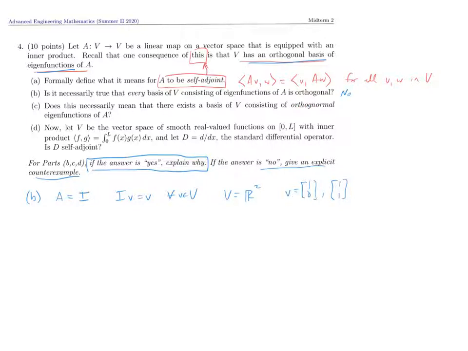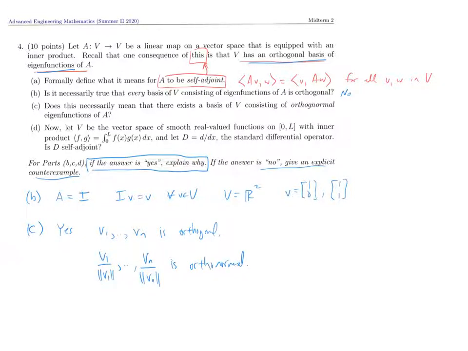And the answer is absolutely yes, because if v1 up to vn is orthogonal, then if you normalize, that's the key, v1 over the norm of v1 up to vn over the norm of vn, this is orthonormal.